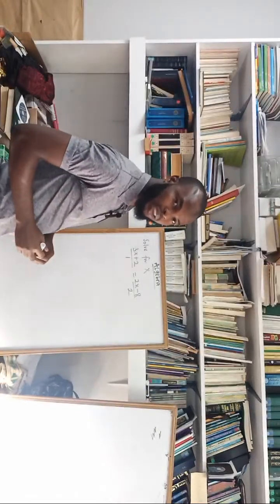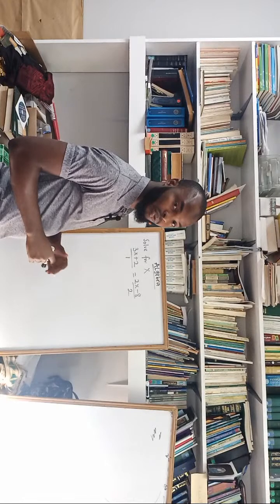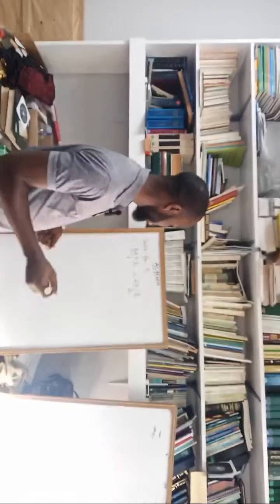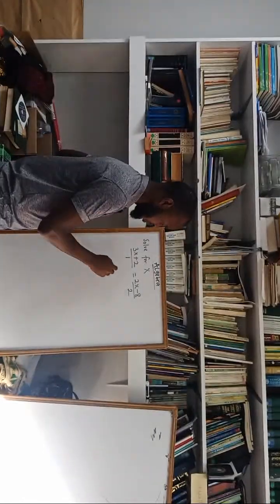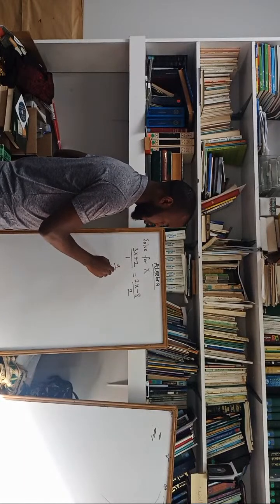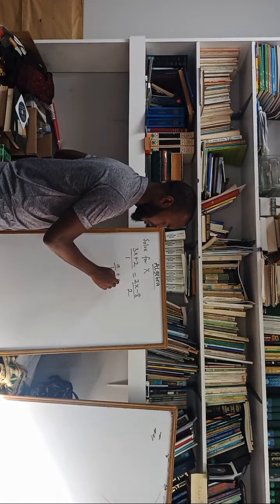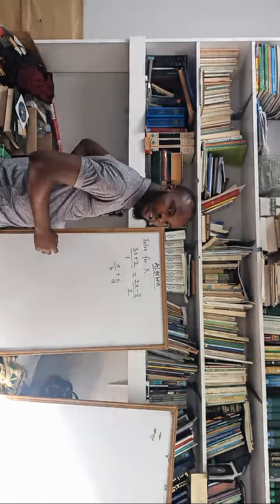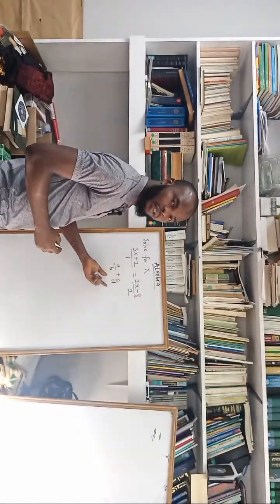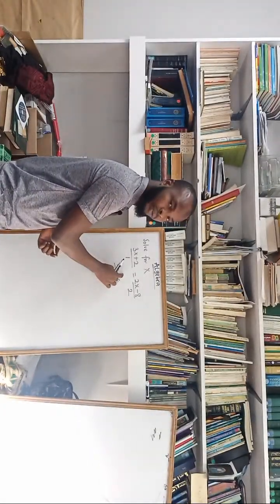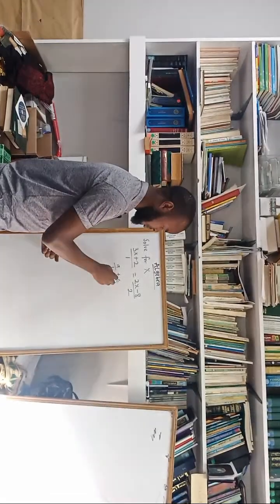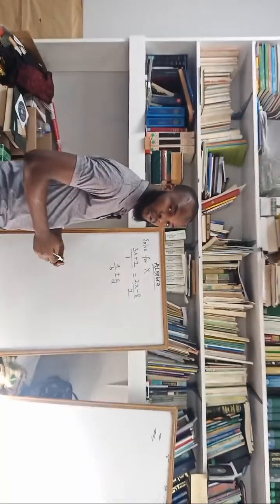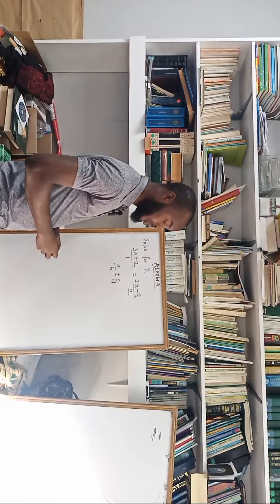Before I proceed with this, let me just take you through some of the rules of algebra. Take for instance, you have a fraction, a over b plus c over d. When you have two fractions separated by addition or subtraction, you can use two methods.